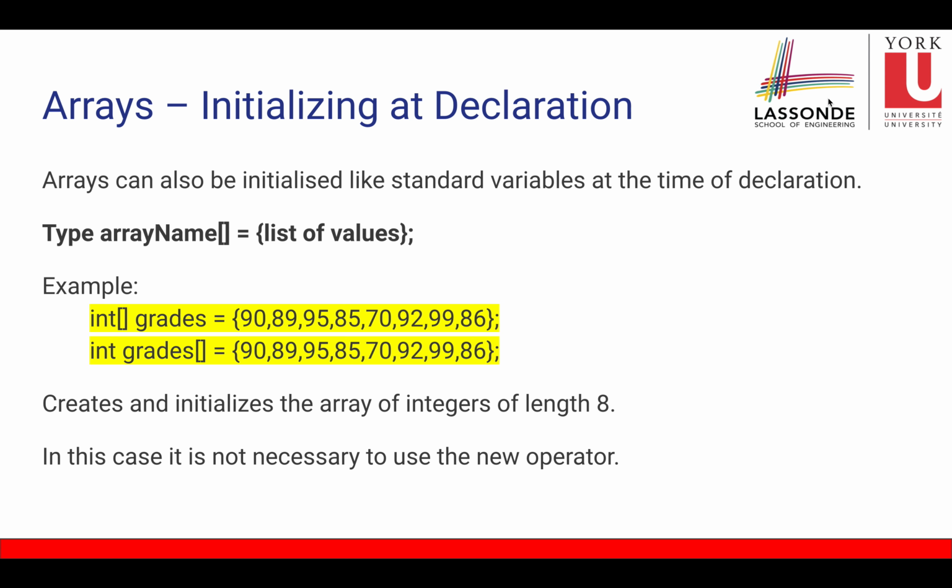See the example: integer type, square bracket, array name, equal, the value set in the brackets, or we could put the square bracket after the array name. This creates an initialized array of integers of length 8. In this case, it is not necessary to use the new operator anymore.